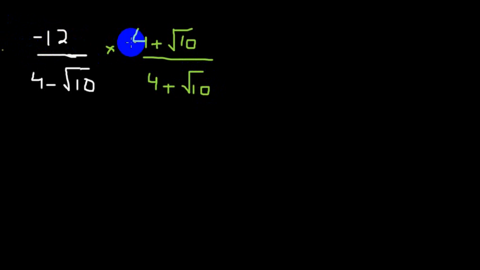Negative 12 times 4 is negative 48. And then negative times positive is negative, and 12 times square root of 10 is 12 into square root of 10.